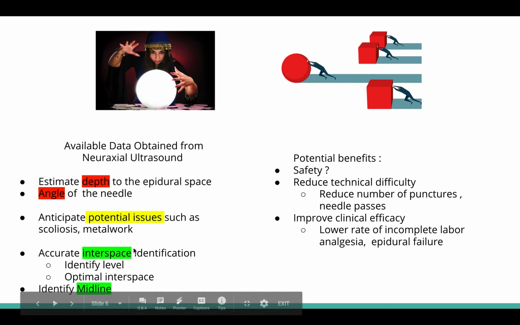And lastly, the information you can get from palpation. But one thing I want to point out is about the identification of the level. We are actually not as good as we think we are. We often go higher than we should.